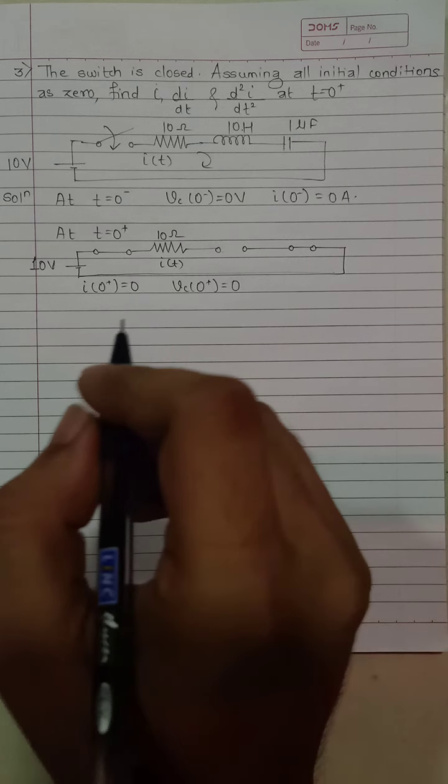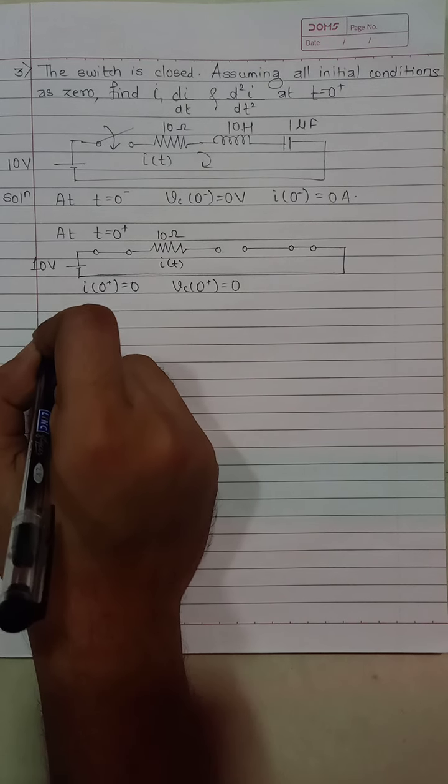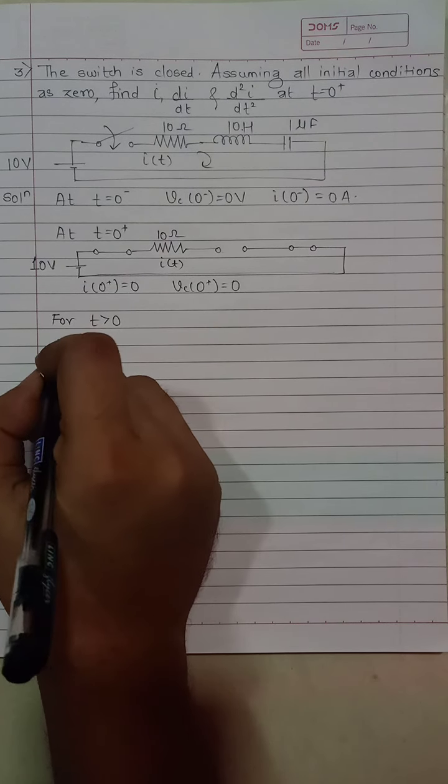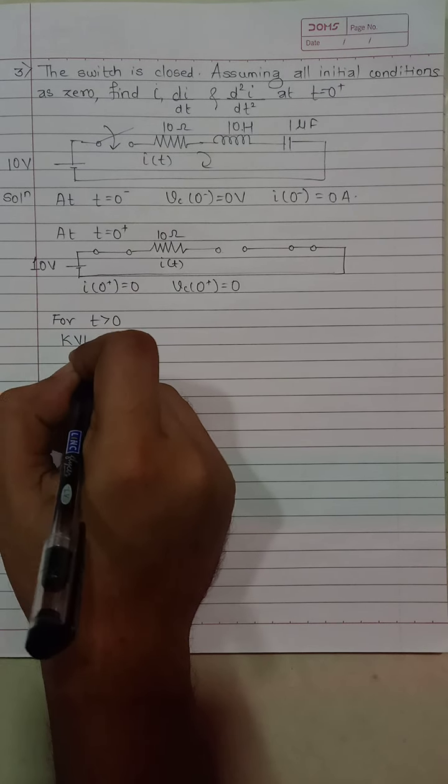Now we'll go for t greater than 0. For t greater than 0, we'll apply KVL.